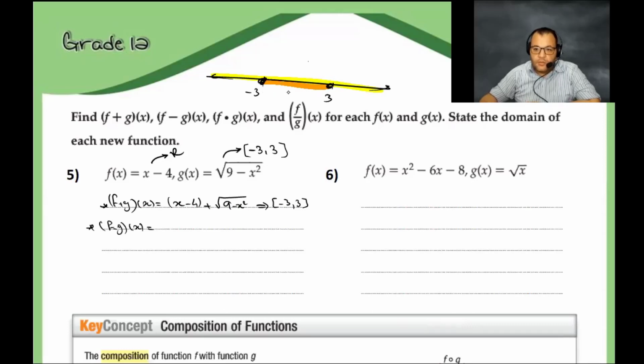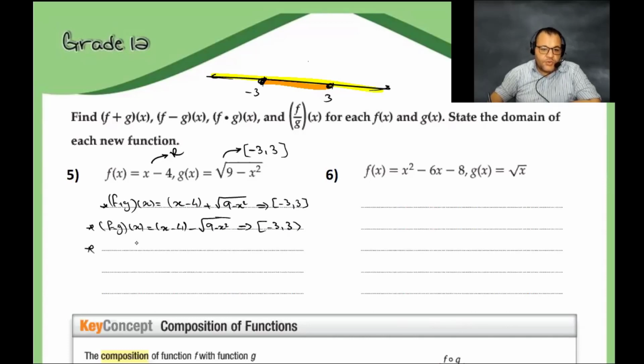Which part is common? From -3 to +3. So x minus 4 minus the square root of 9 minus x to the power 2, and the common domain will be -3 and +3.